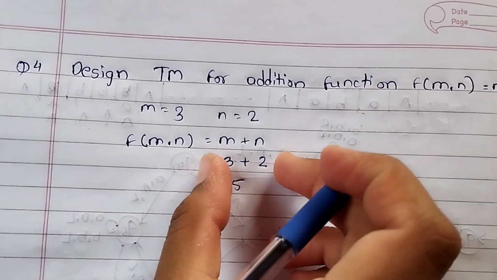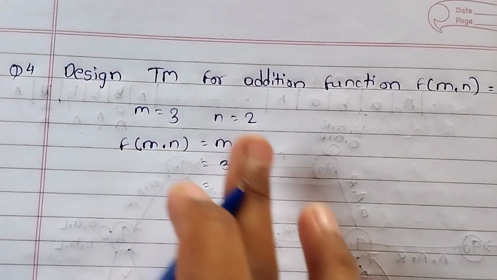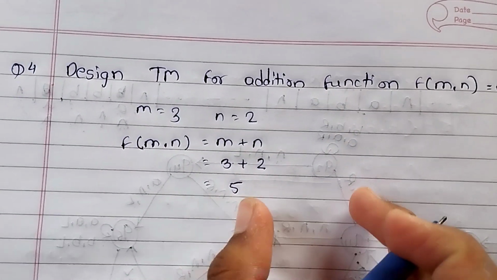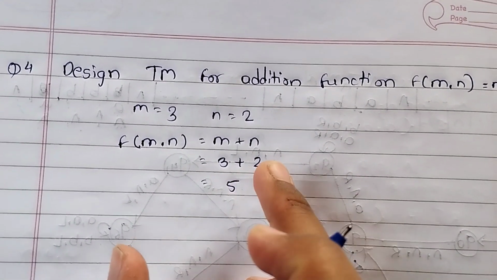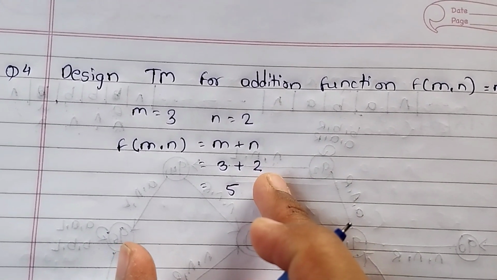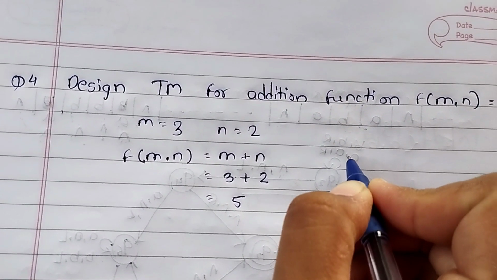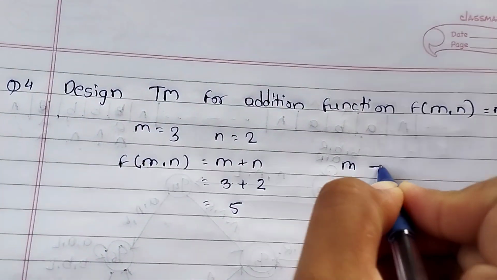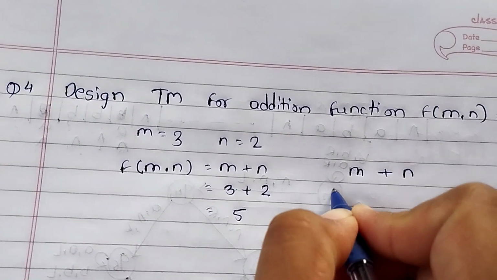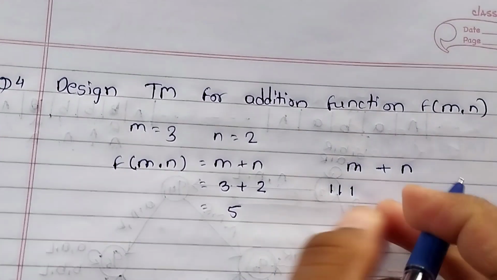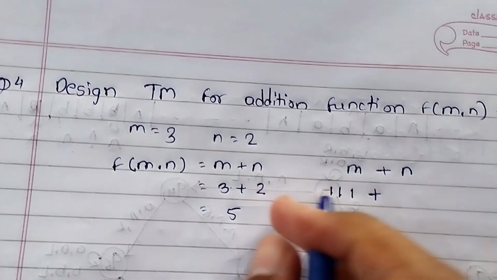So this is the normal m plus n. But if we want to draw the Turing machine, that time we take the unary symbols, not these decimal symbols. We convert these digits into unary. So how do we construct this in unary? m plus n means this 3, and we write 3 like this: 1, 2, 3. 3 ones means 3, plus this 2.